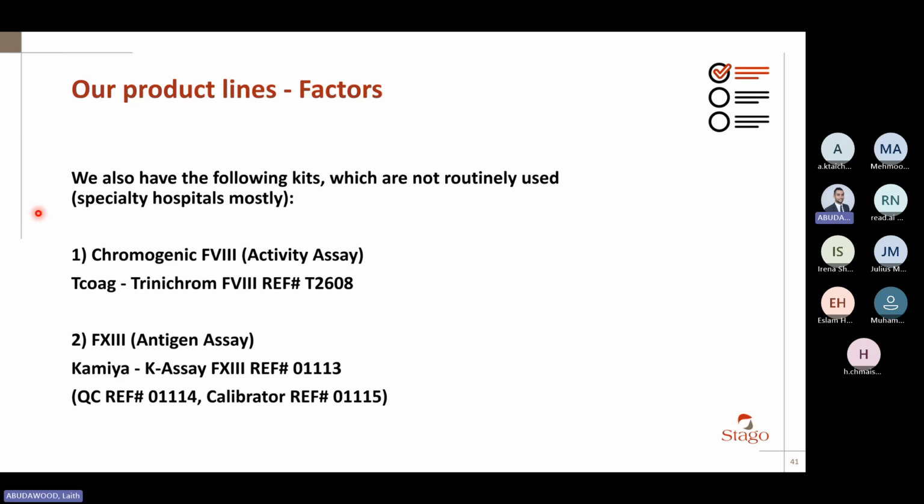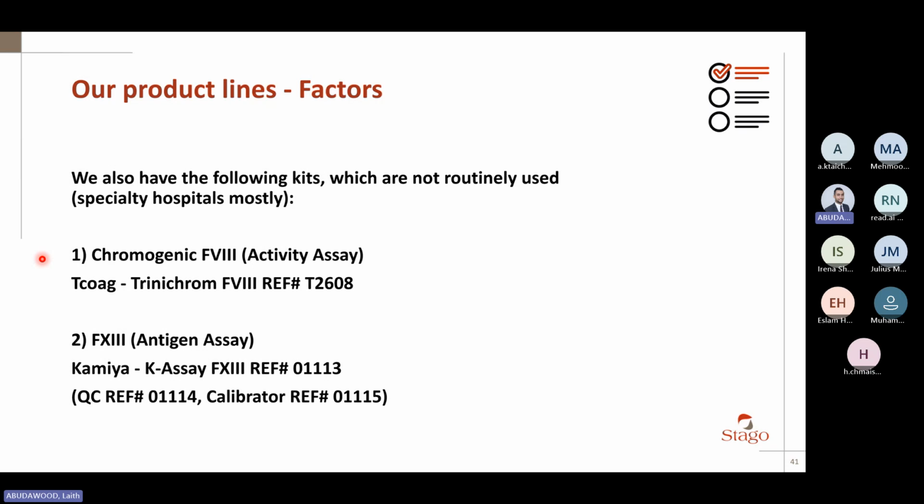Now, the less commonly known factor assays that Stago offers. There is something called a chromogenic factor 8. Maybe some of you did not hear of it before, and this is understandable because it's very rarely needed. It's needed for very rare cases or patients with very specific treatments.